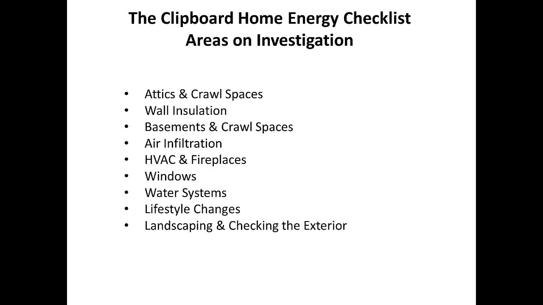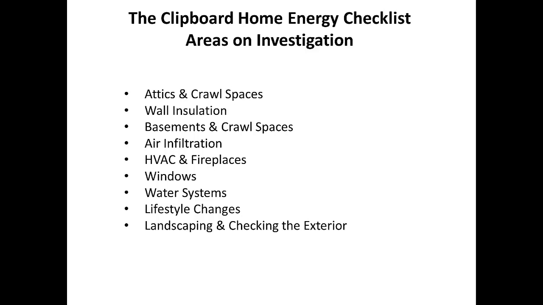So what are the areas of investigation? How is the Clipboard Home Energy Checklist organized? Well, these are the sections. We look at attics and crawl spaces, and then we'll look at wall insulation, and then because of how it's organized, we'll also look at basements and crawl spaces. We look at air infiltration.